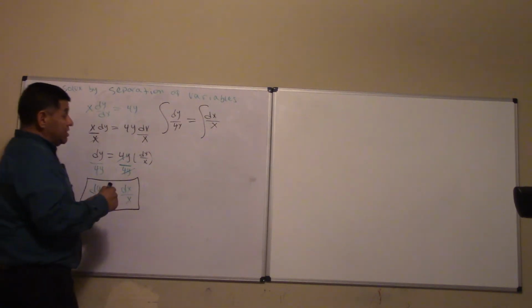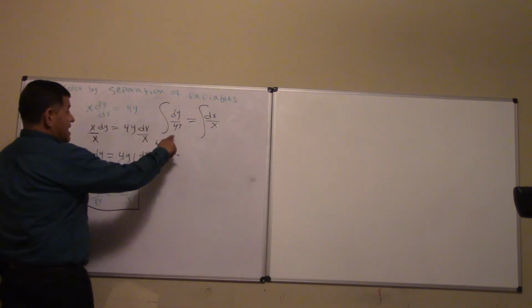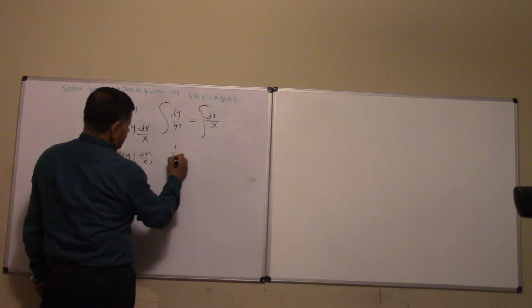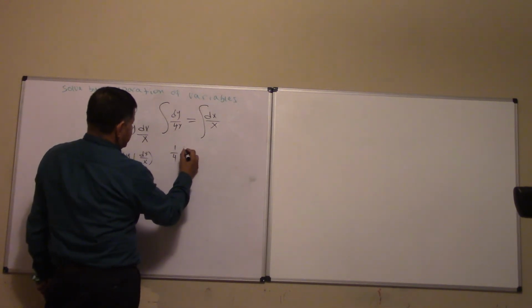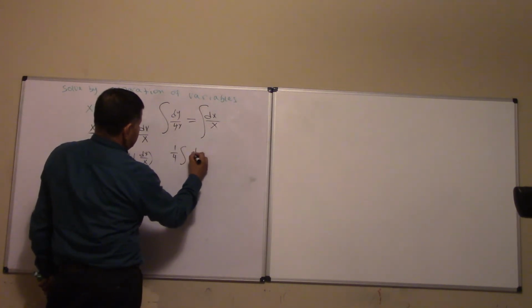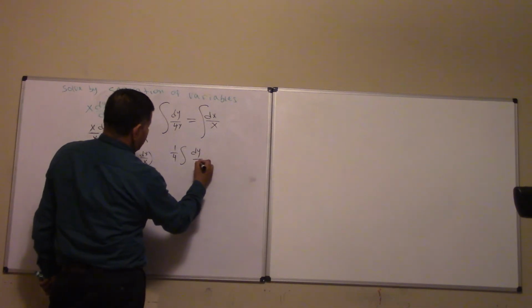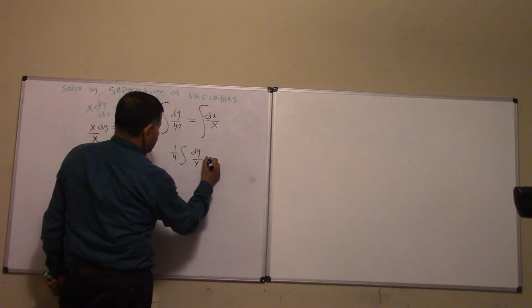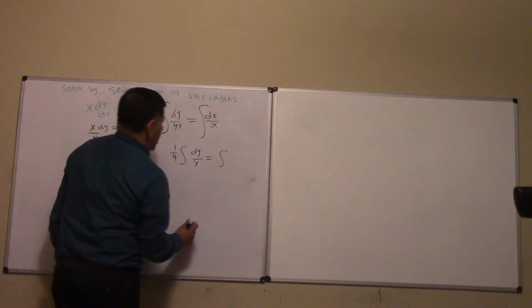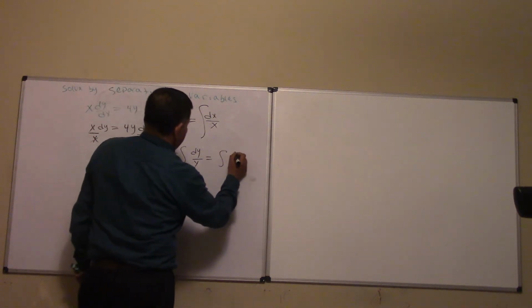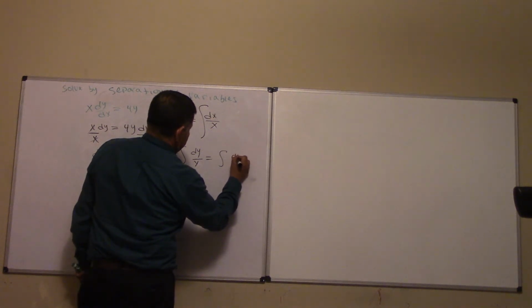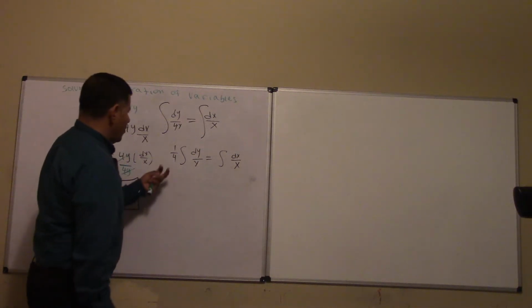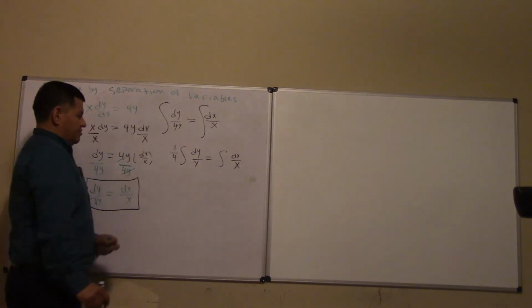And when we take the integral, now I can factor out the 1/4, and I can just have dy over y equal to the integral of dx over x. Now, what I did is just factor out the 1/4.